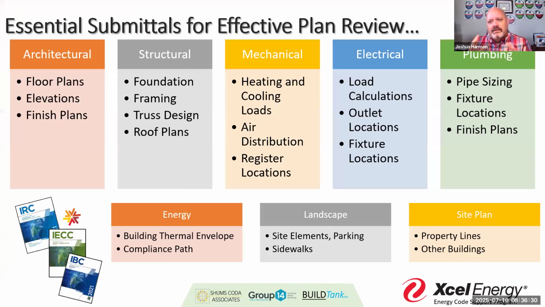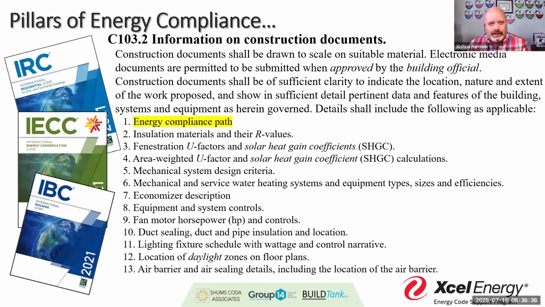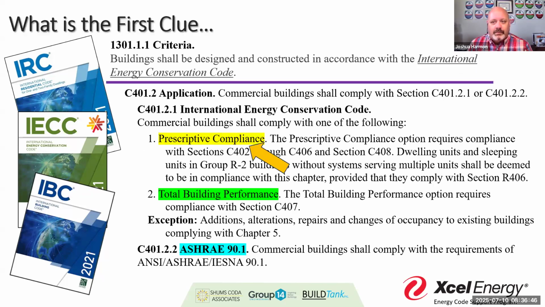But when we look at that list of items, whether residential or commercial, we know that the first thing we need is that energy compliance path. And again, this is why this is important. I would put this on those submittal checklists as something you need to know from the very beginning: what are we going to pick for our energy compliance path? Because we know there's more than one.